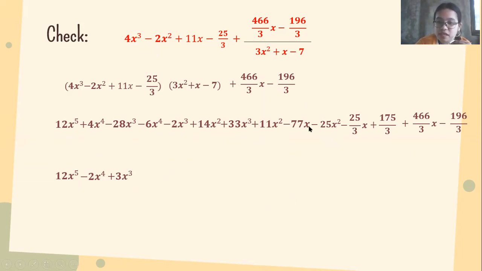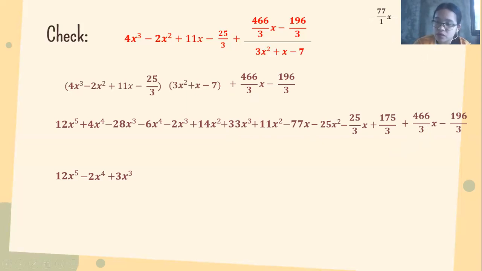Next, we have 77x, or negative 77x rather, plus negative 25 over 3x plus 466 over 3x. So, two of our terms here are fractions. So we have here negative 77 over 1x minus 25 over 3x plus 466 over 3x.